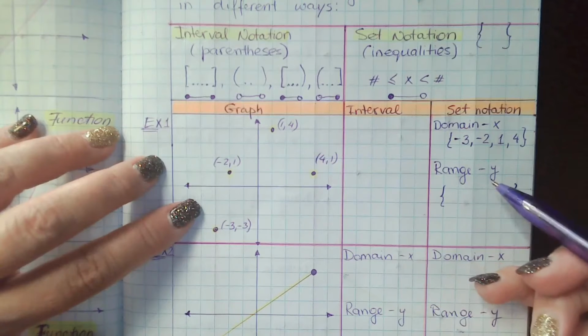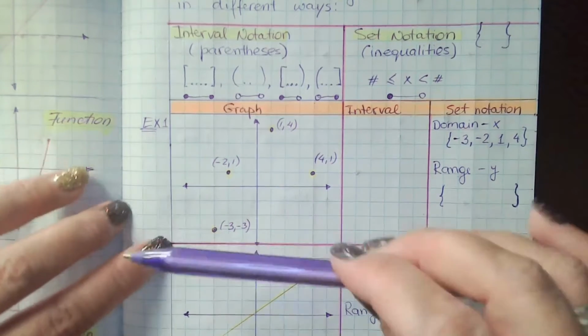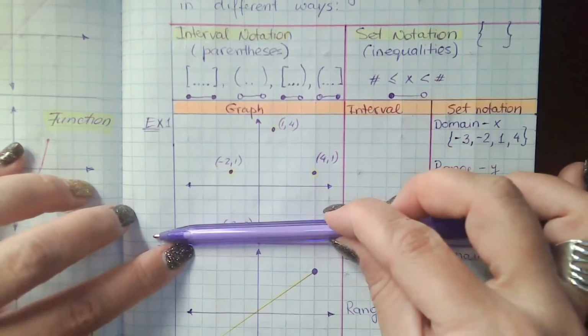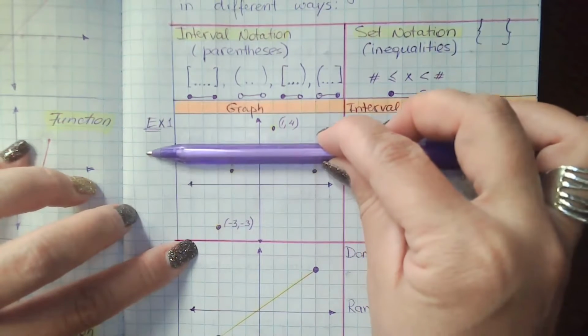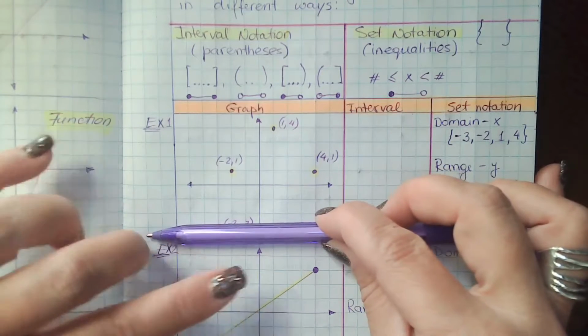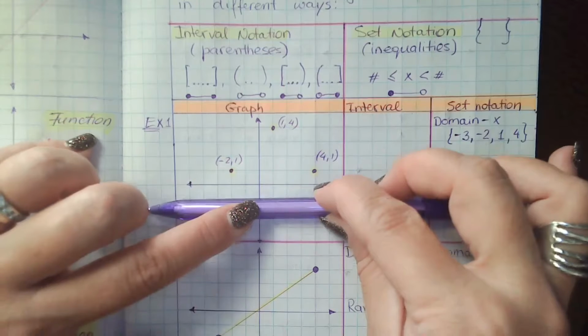The range is represented by the y values. So as a set of values, we start at the bottom because the growth is up along the y-axis. So we have -3 for the y-axis.